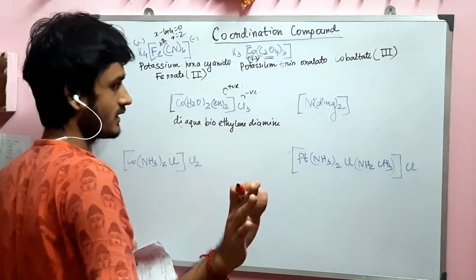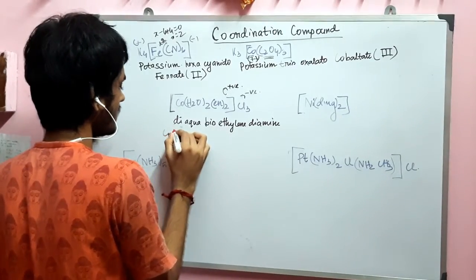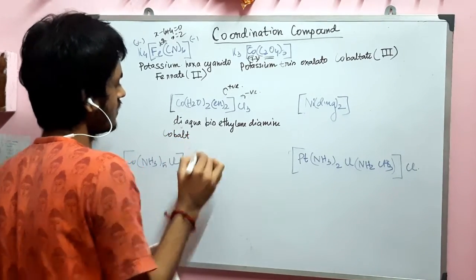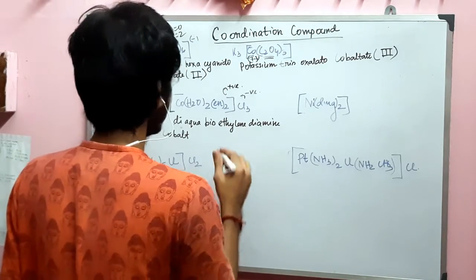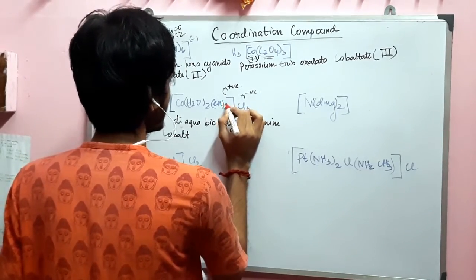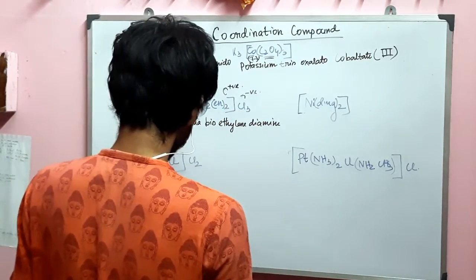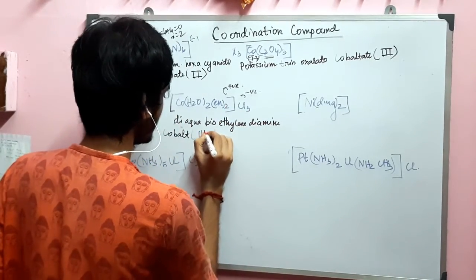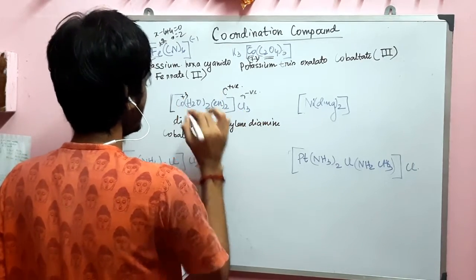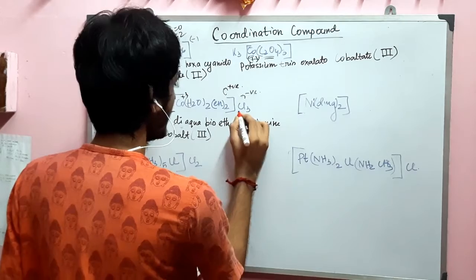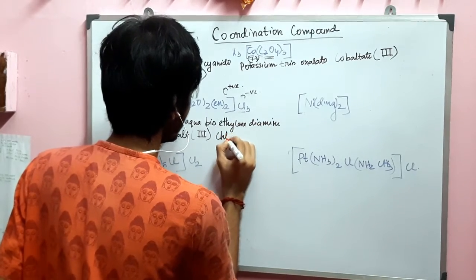Positive charge, no modification in the name of the central atom, cobalt. The oxidation number of the central atom is +3, because this is minus 3, this is plus 3, so this is neutral. Cobalt(III), then the anion, chloride.